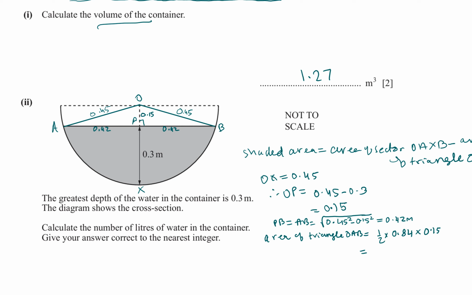So 0.84 multiplied by 0.15 and divided by 2, that is 0.063 meters square.